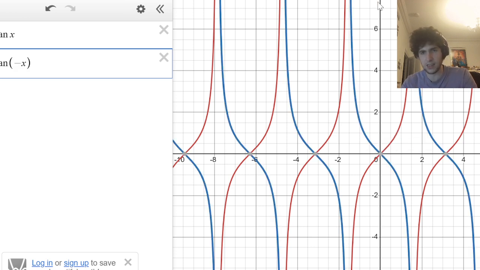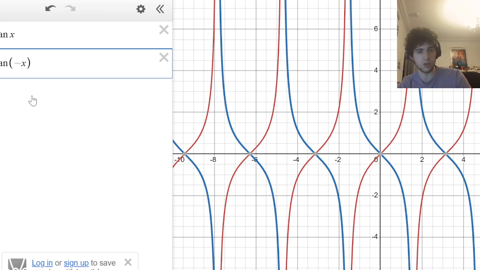That's reflecting my initial red function tan x in the line x equals 0, so just the y-axis, to give me that blue function there. And then what am I going to do?